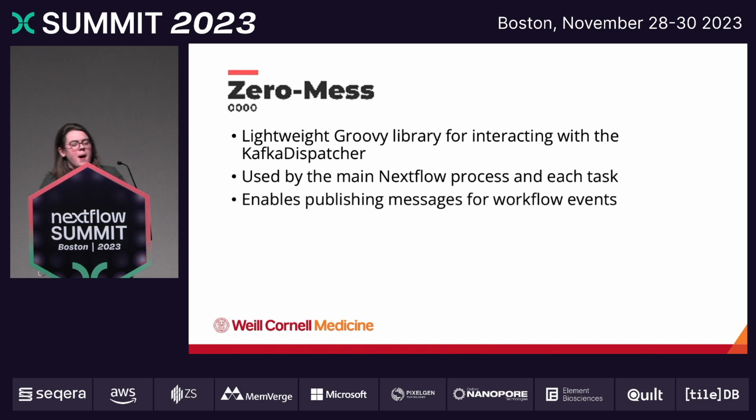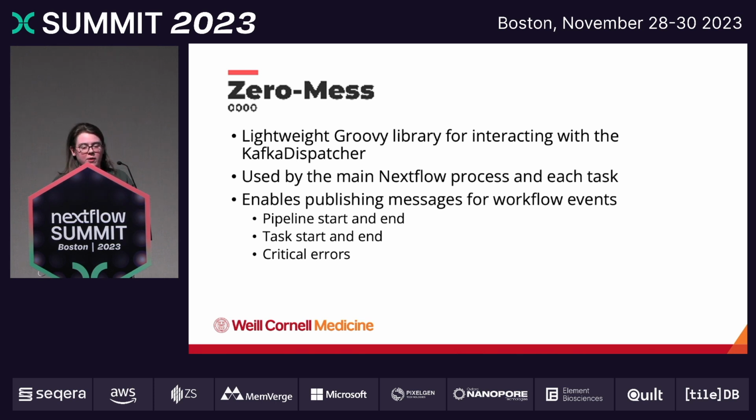This enables publishing messages for your workflow events: pipeline start and end. The onComplete handler is a miracle. Your task start and end, so when a task starts up, you can see a message for that. Any critical errors that happen, again, the onError handler, very handy. And any other debug or log information you need.